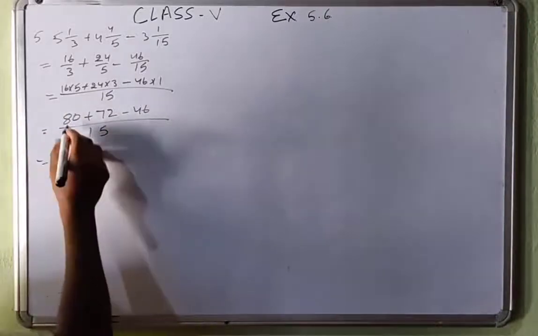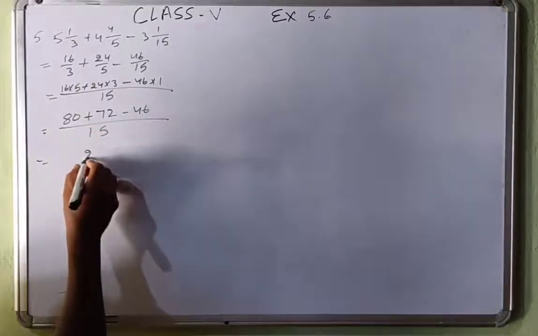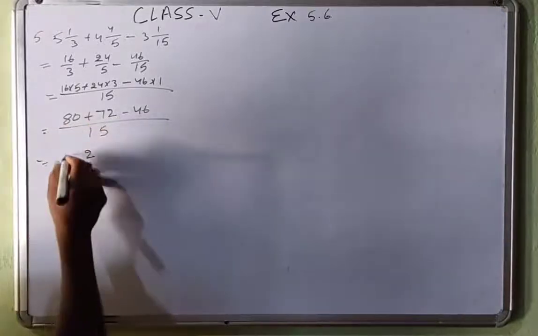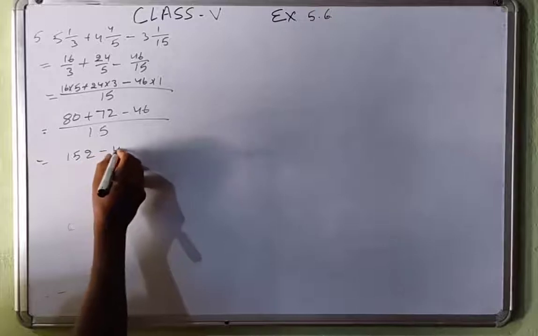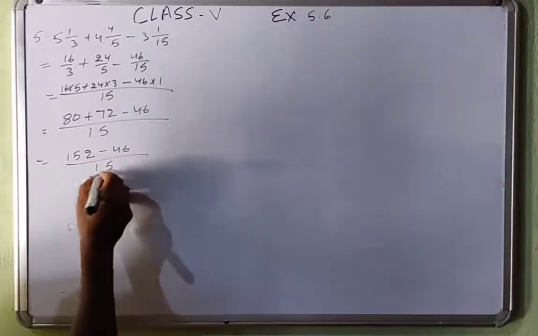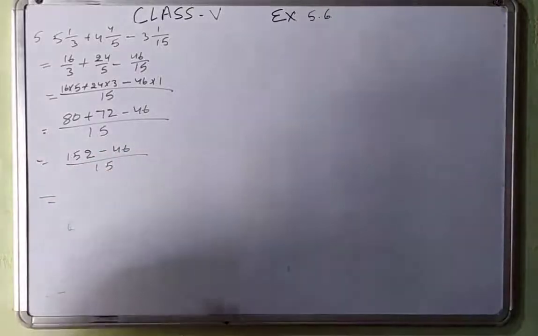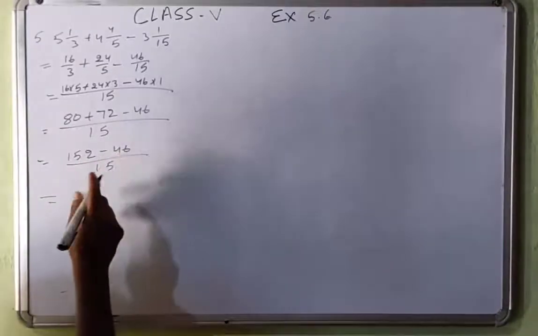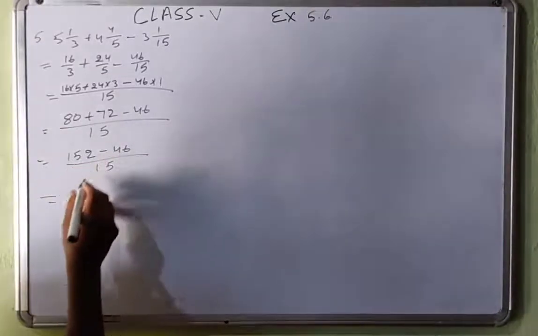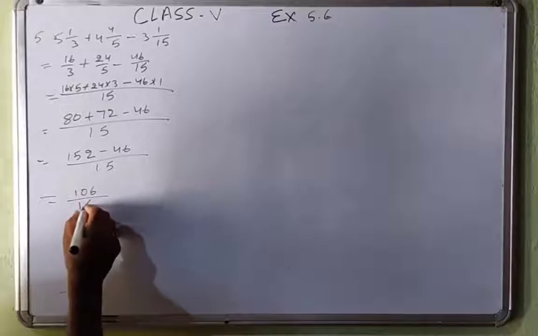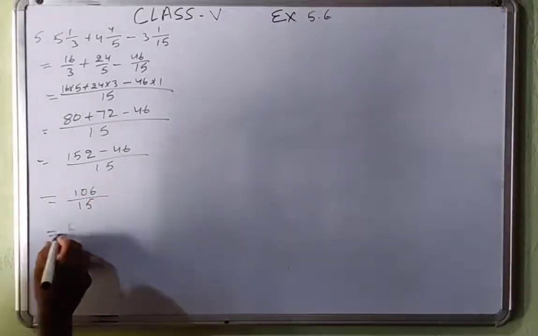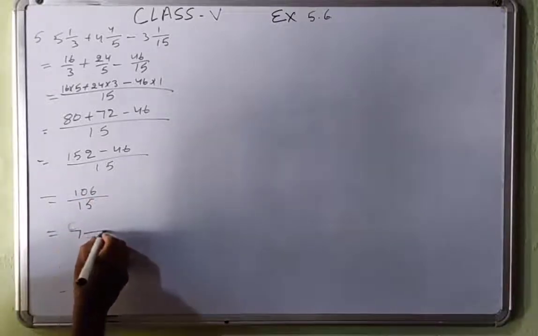And then after these two in plus, that is 2 7 8, 152 minus 46 upon 15, same will come, and then subtract both. 12 less 6 is 6, 4 less 4 is 0, and then 1. Now in mixed fraction 15 7s are 105 and then 1.